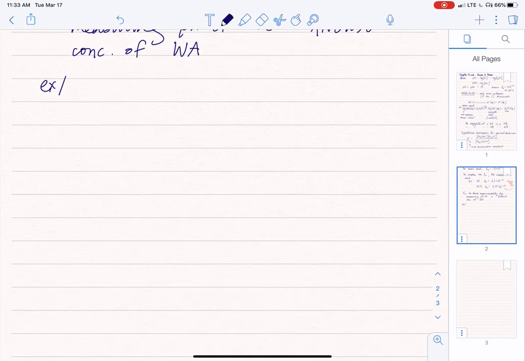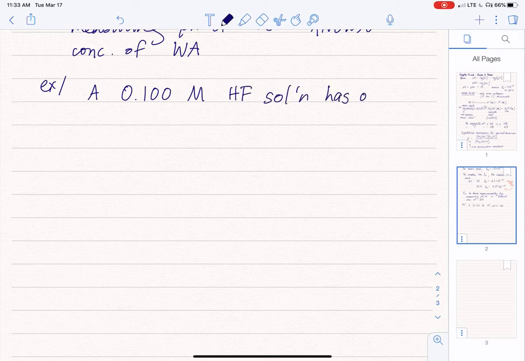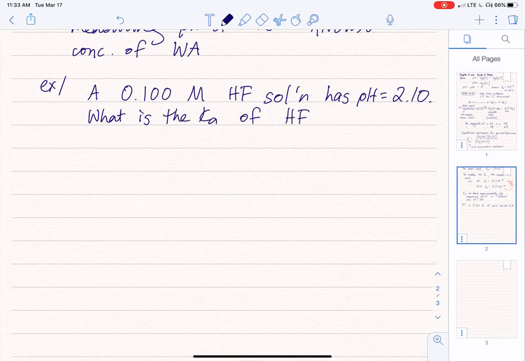Let's take hydrofluoric acid. I'm going to say that a 0.100 molar solution of hydrofluoric acid has a pH that we measure with a pH meter to be 2.10. What is the Ka of HF, hydrofluoric acid?